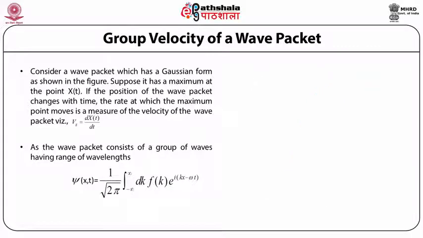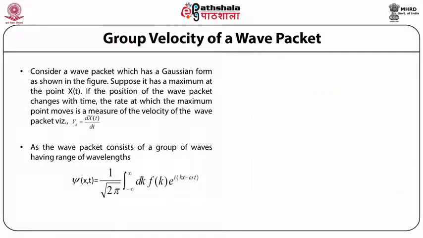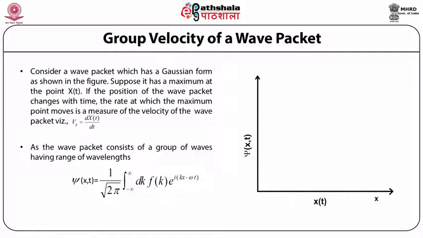Thus, by taking a Gaussian form, we ensure that the spread in the two coordinates which represent the uncertainty in the Heisenberg's uncertainty relation, that is, either the momentum and the position or the energy and the time, will not be very large.